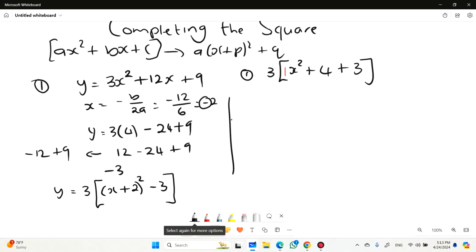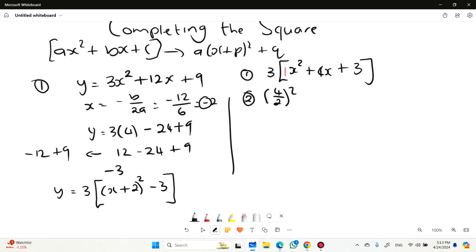Okay, so now the next step is, sorry, here it should be 4x. So the next step is to divide the coefficient of x by 2 and then square that number, so I'll have 4 over 2 squared.